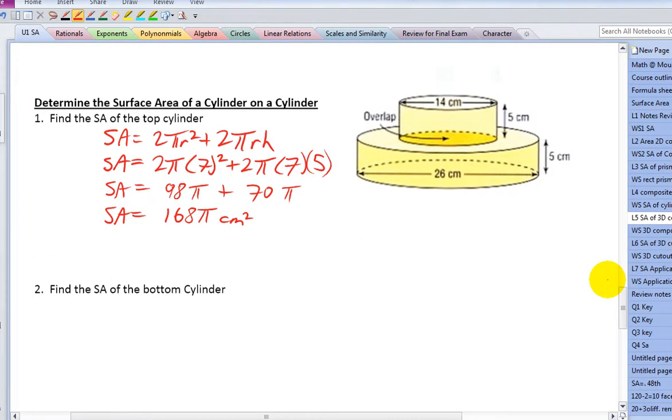Hands up, you got 168 pi for cylinder 1. Perfect. Okay, finish off cylinder 2 now.